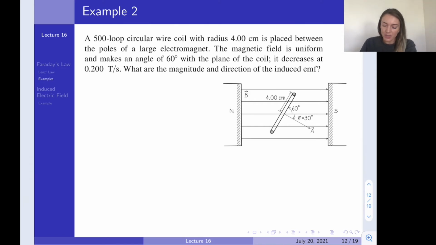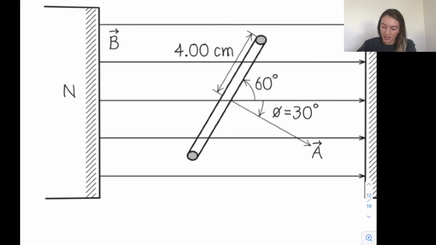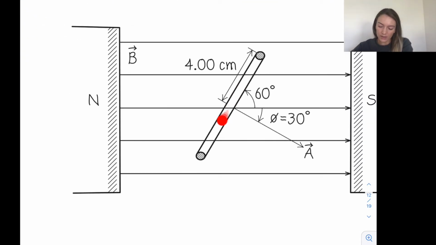Okay, so the first thing we have to be careful about here is when it says the magnetic field is uniform and makes an angle of 60 degrees with the plane of the coil. That's a little bit tricky because the plane of the coil is this, right? The coil, like when it's laid flat, that's the plane of the coil. And so they're telling us that the magnetic field makes an angle of 60 degrees here with our coil.